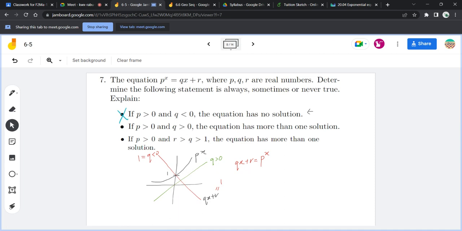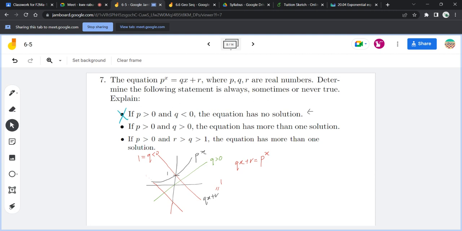While for any r we choose, even if r moves down to this part, it will intersect the exponent graph at some point. So it means that it is never true.